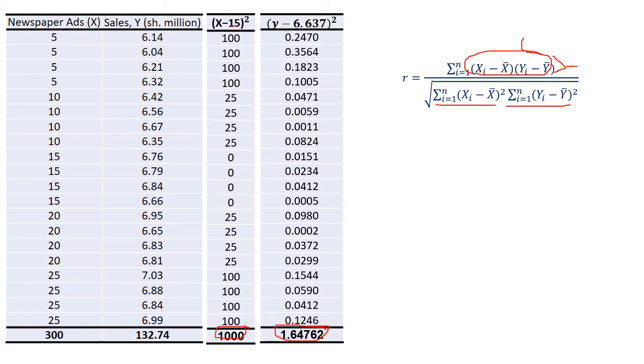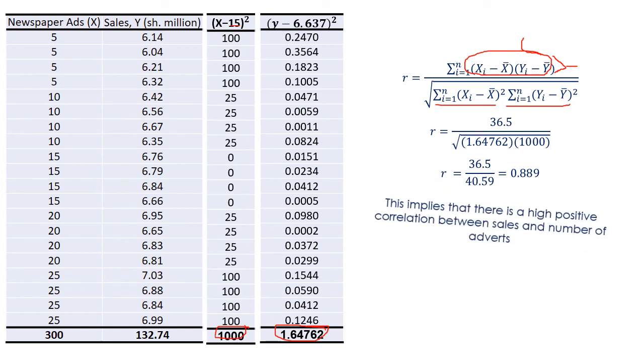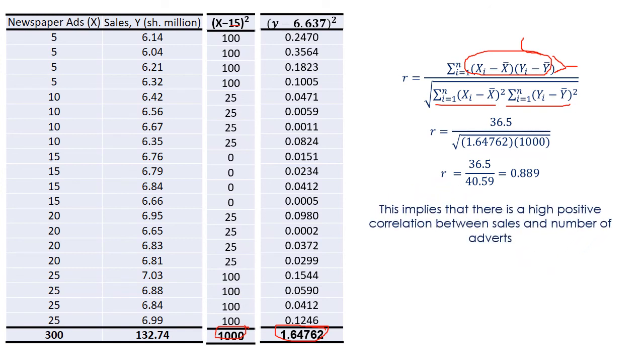So now we input those values in the formula: 36.5 divided by the square root of 1.64762 times 1,000, and what you get is that r is equal to 0.889, which means that we have a high positive correlation between sales and the number of adverts.